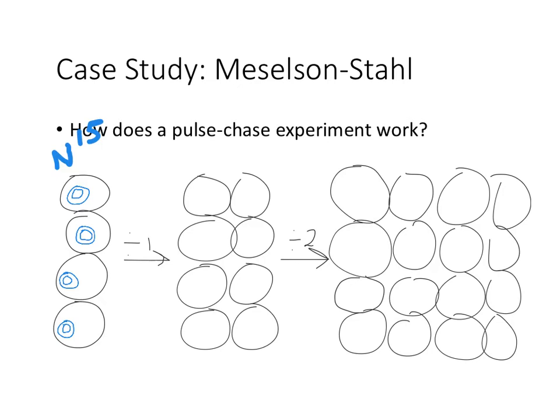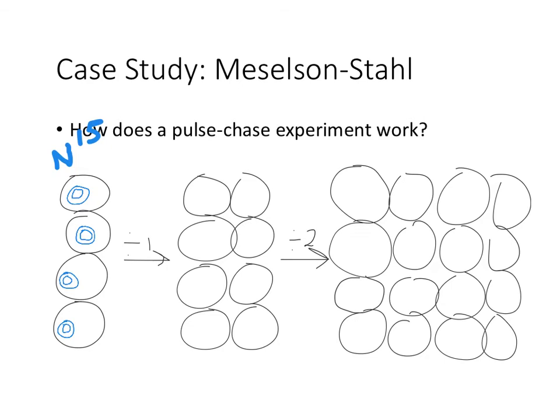And so what they have to do after they pulse is what? They chase. It's like tequila and beer, or who knows, right? You do a pulse of something that's heavy, and then you chase it with something light. Like water, I don't know.